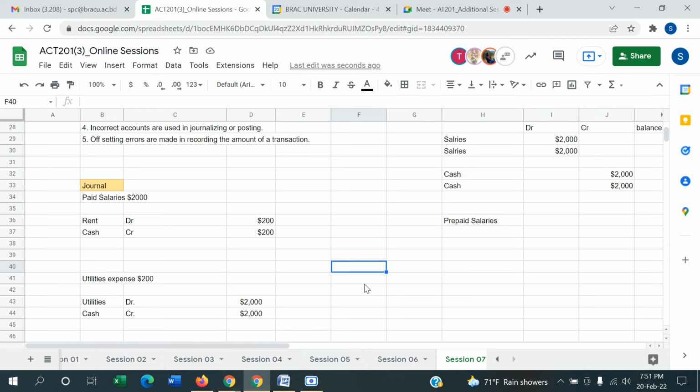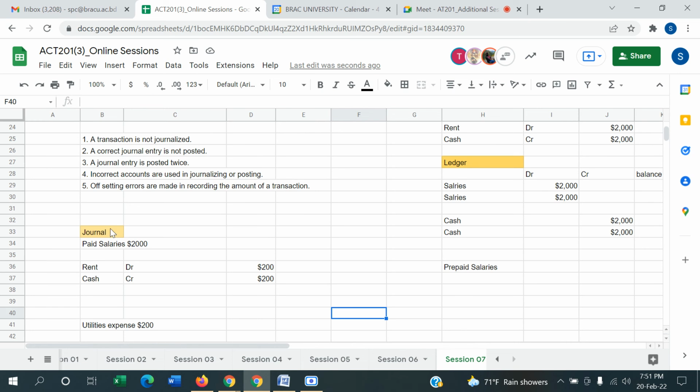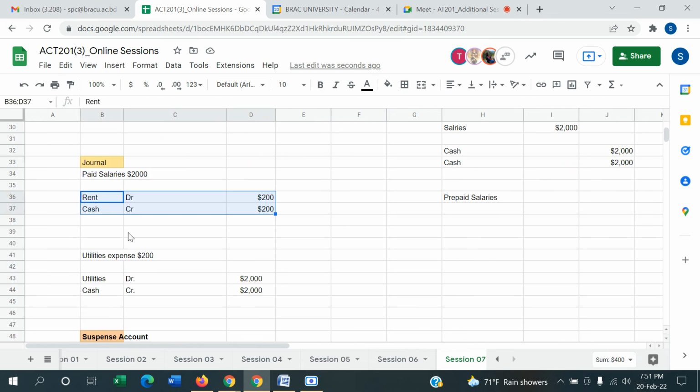How many mistakes are here? Sir, we are overstating the amount, and in another case we are understating the amount. So basically in the journalizing process, there are two mistakes. We have made a mistake recording the salaries, and we have also made a mistake recording the utilities expense.